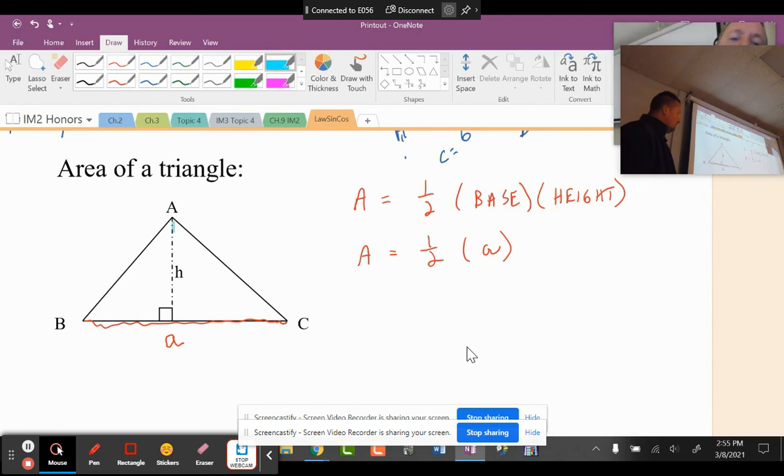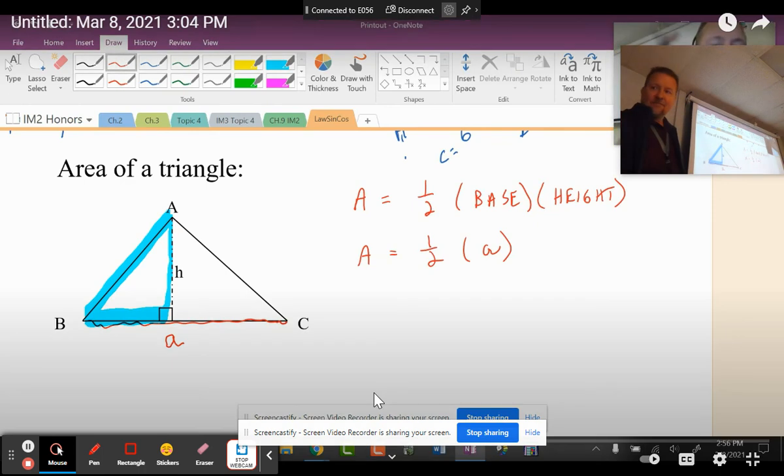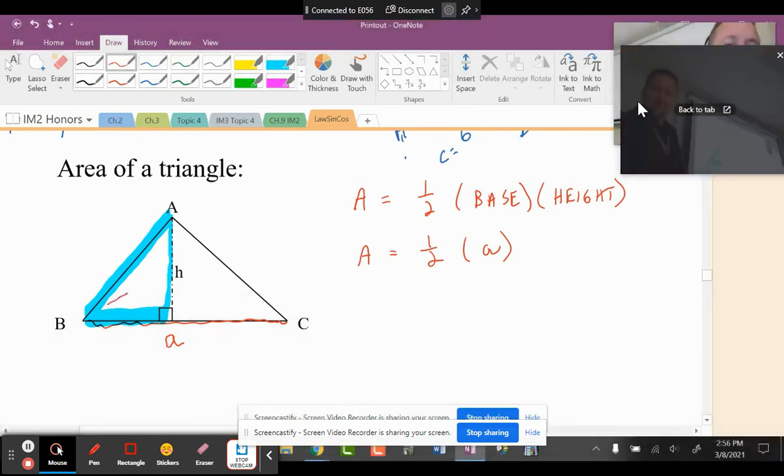Well, then we're going to do what the guy did for deriving the law of sines. Let's derive what the height is in terms of trigonometry. That's exactly what he did, but now we're going to turn this into an area formula.